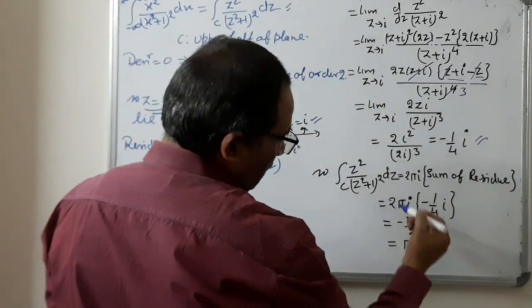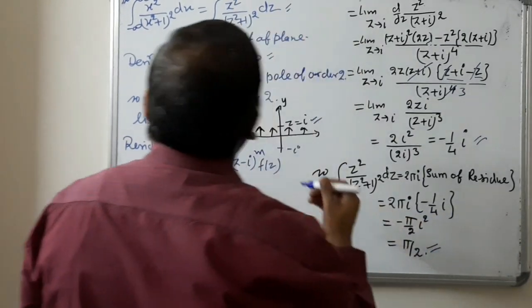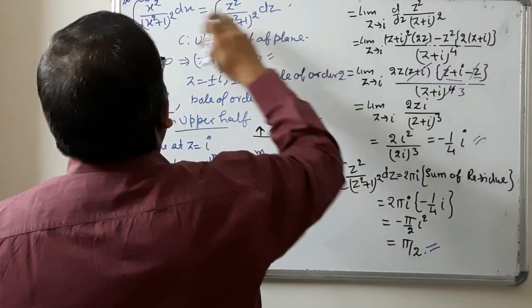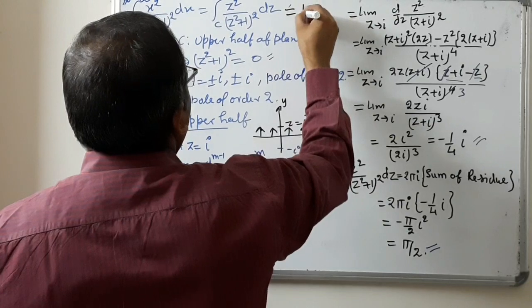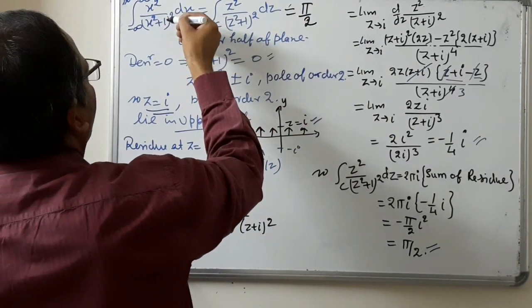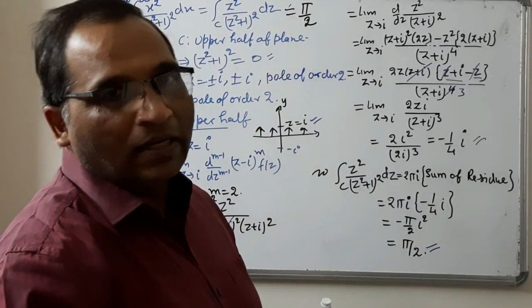So the answer is 2 pi i into minus 1 upon 4i, that is equal to pi by 2. So we can say the integral from minus infinity to infinity of x square upon (x square plus 1) whole square dx will be equal to pi by 2.